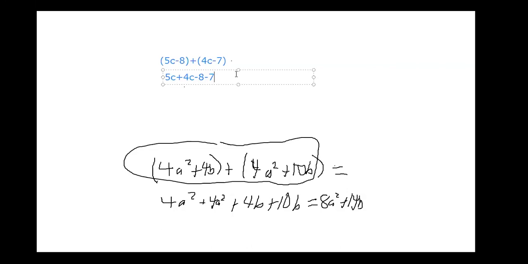And that's going to equal 9c minus 15. Is that what we got? Okay, so the plus is not going to change this minus at all. So this is going to just become negative 8 minus 7. So it's going to become negative 15.